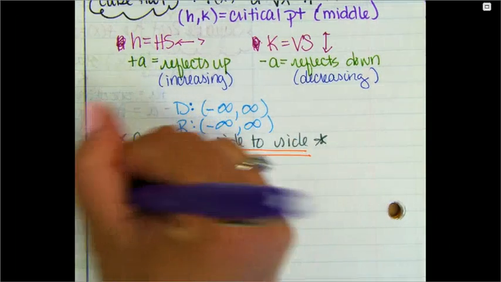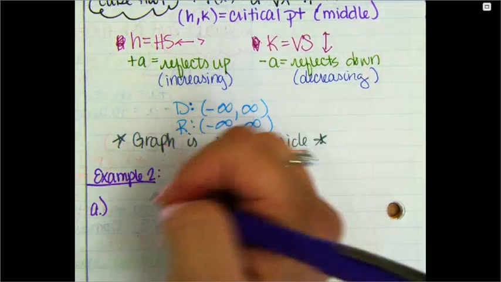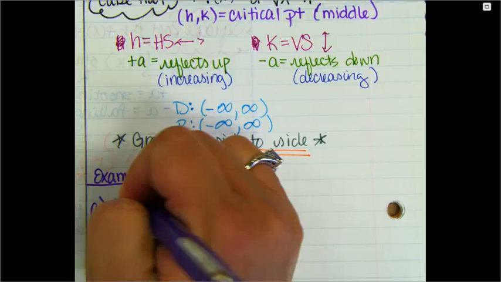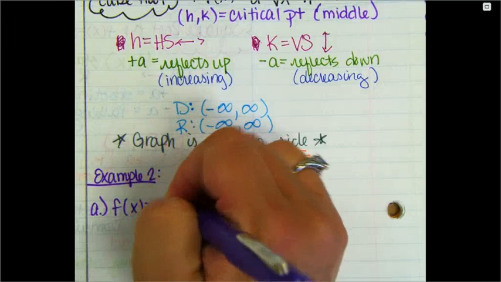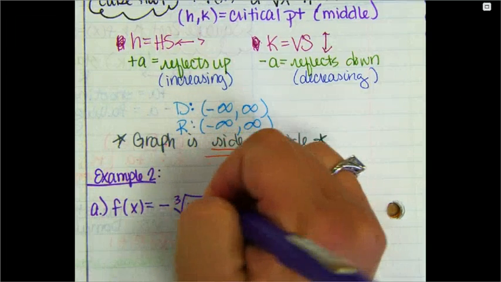All right, so example 2 is cubics. The first one is f of x equals negative cubic root of x minus 1, minus 1.